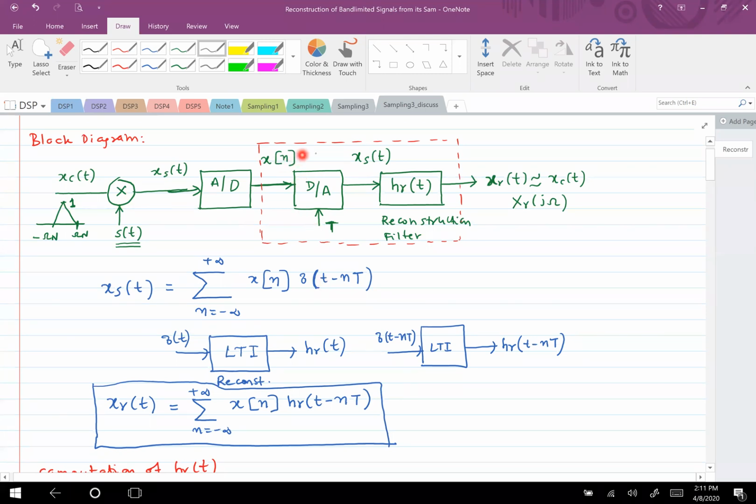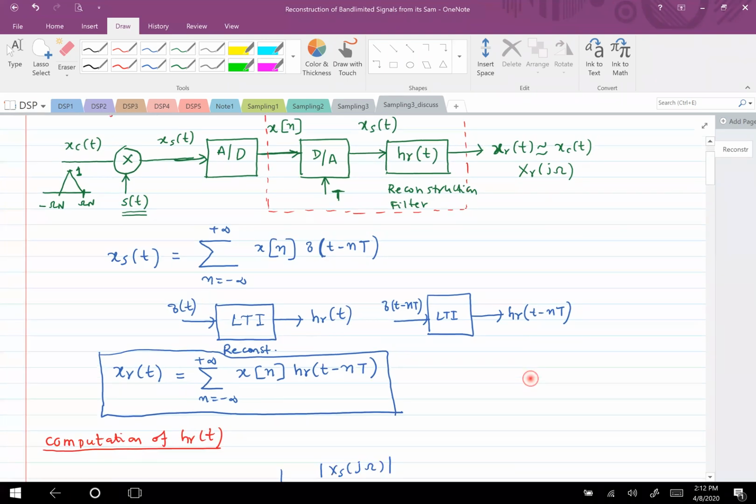N equal to 1, in the continuous time domain, will be at T. Suppose n equal to 10, it will be at t equal to 10T, 10 times capital T. So this is how you could write it: xs of t is nothing but the summation of x of n times delta of t minus nT.